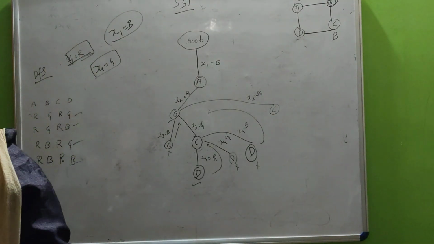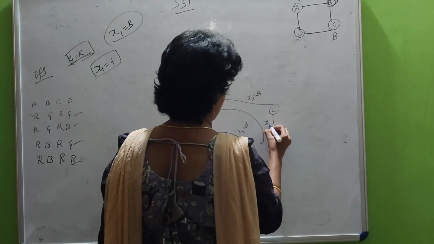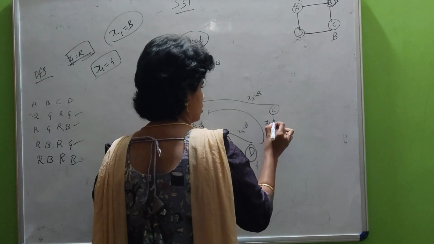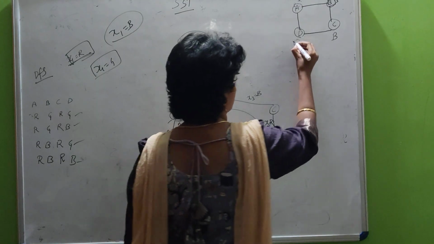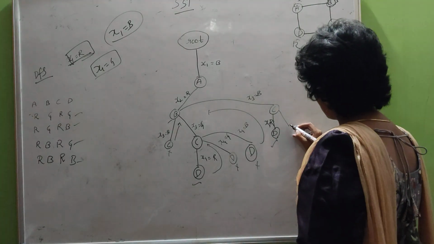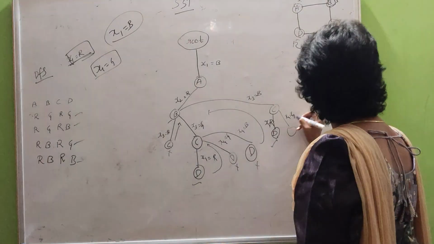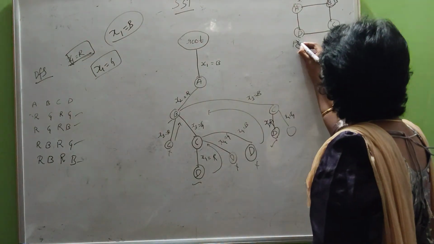Is that correct? Yes. Next, x4 is equal to red. Is that accepted? Yes. This is correct only. x4 is equal to green. If you are writing green here, that is also accepted.